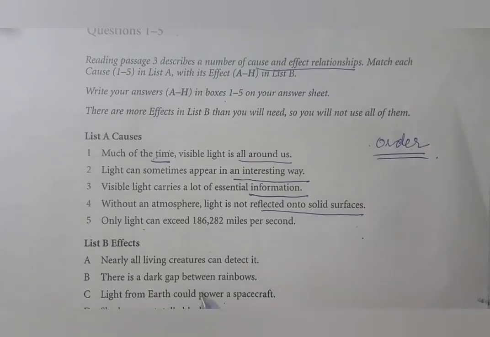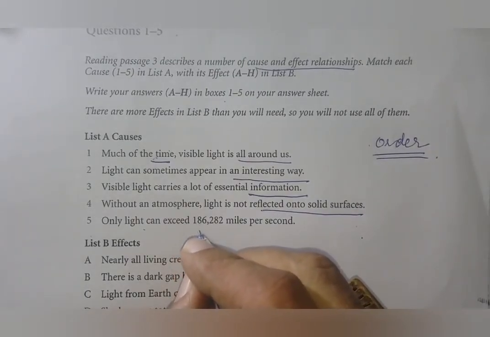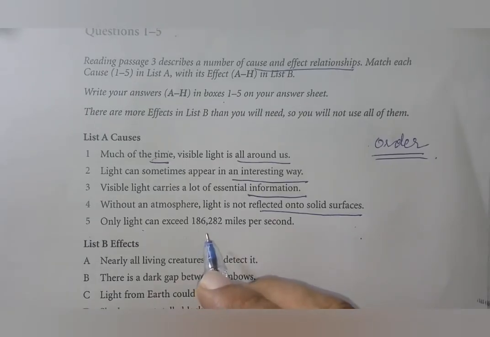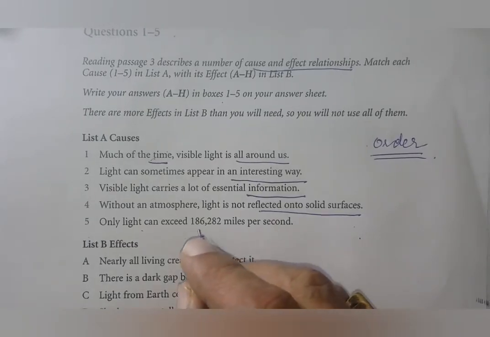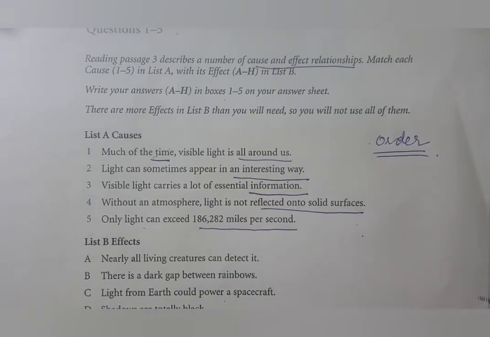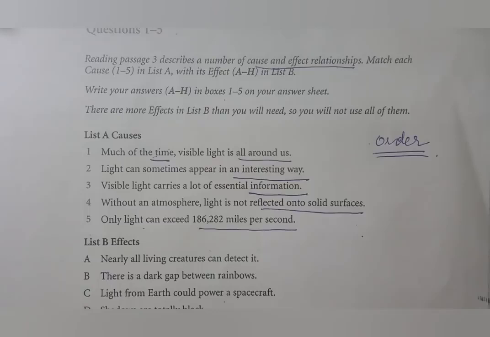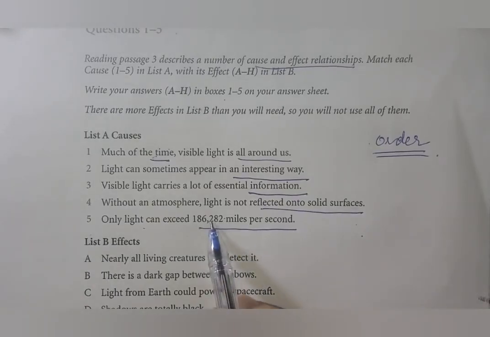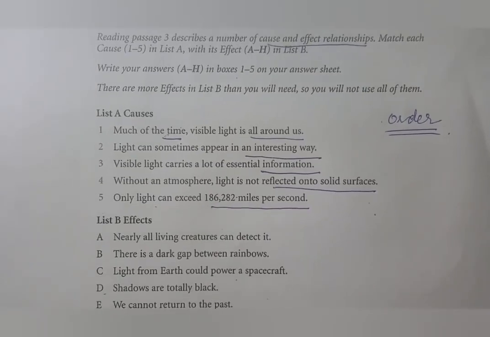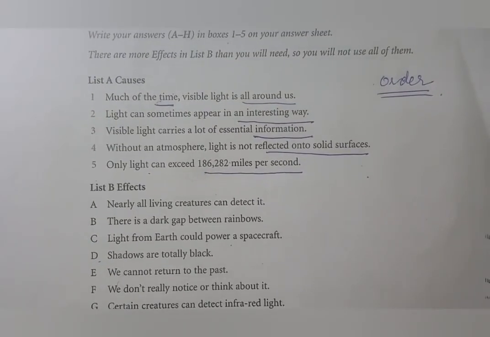Only light can exceed 186,282 miles per second. Fine, so this light can exceed. So it's 0, 10, 100, 1000, 10,000 and 100,000. So we can say 100,086, right? So this is the point here.